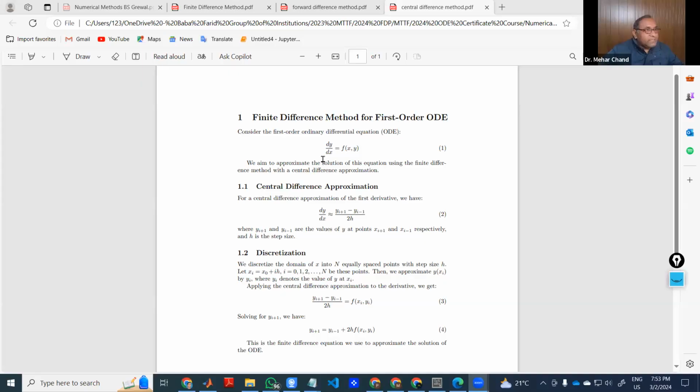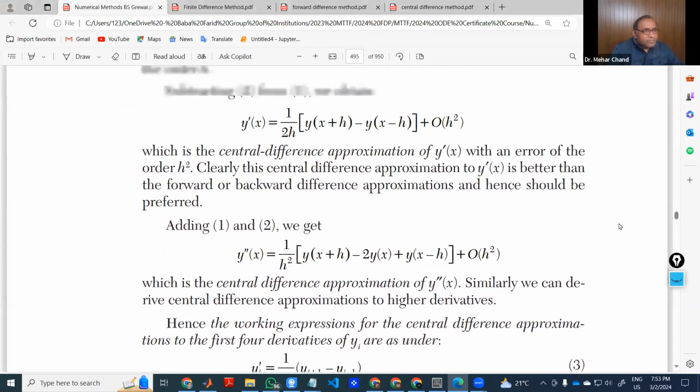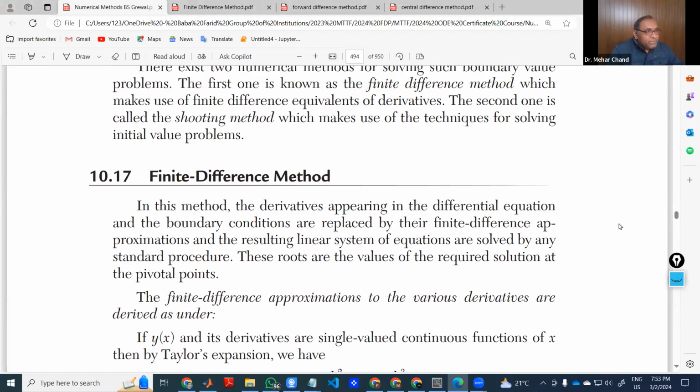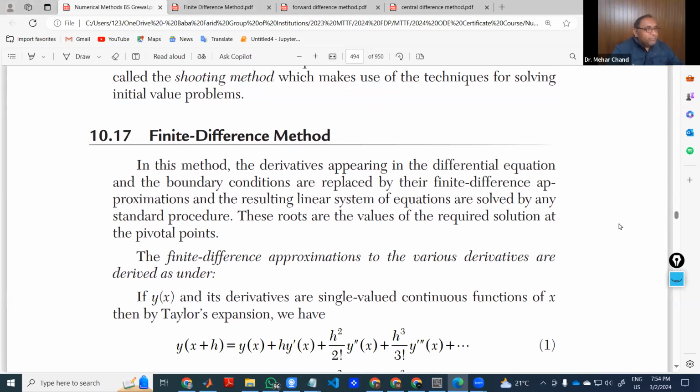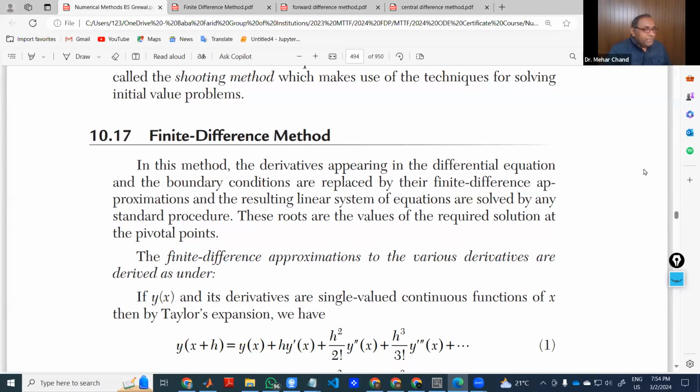You can see my desktop is visible to all of you. You can follow from the book which I shared with you, B.S. Grewal, Numerical Methods. I think the page number is 480, and you can find the finite difference method there.